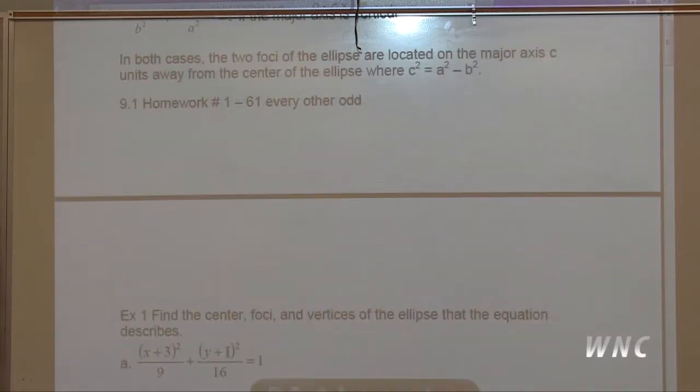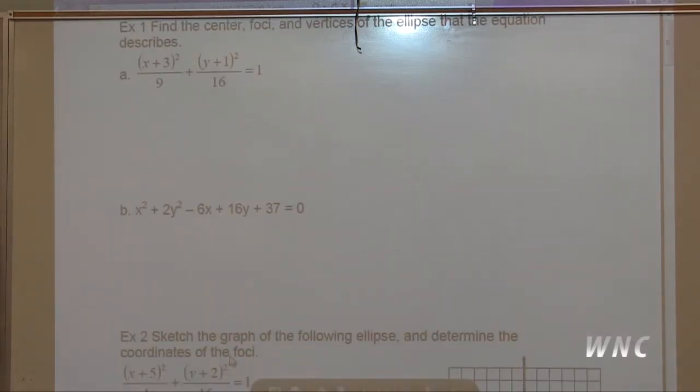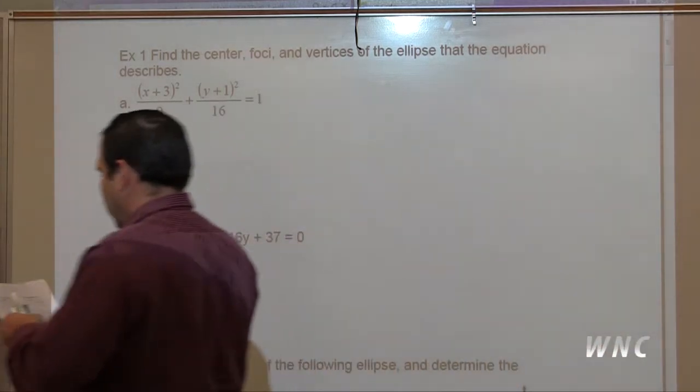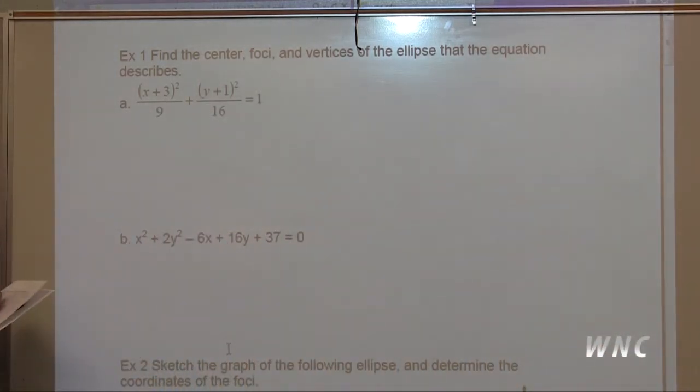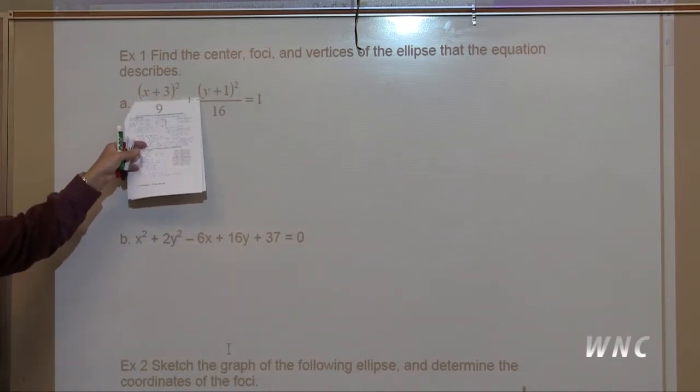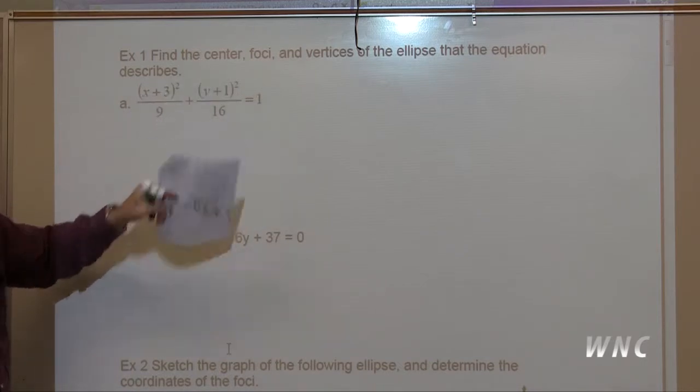So let's do some examples here. Find the center, the foci and vertices of the ellipse that the equation describes. So we have x plus 3 squared over 9 plus y plus 1 squared over 16 equals 1.